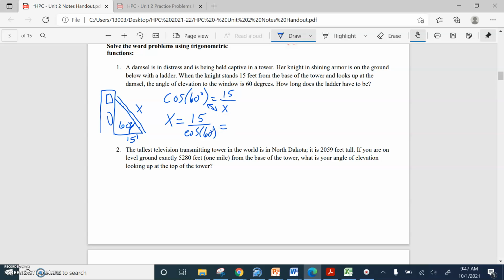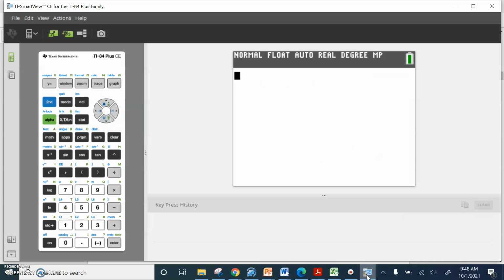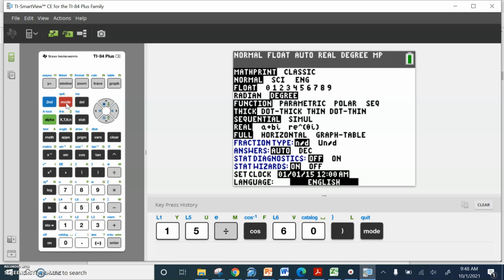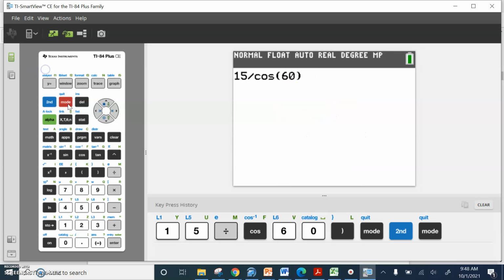So we're going to run that number, and we find that it is. Well, let me get the calculator here. So that was 15 divided by cosine of 60 degrees. Real quick, this is the first time I've used my calculator in a while, so I'm going to go just make sure that we are in degrees mode. And we are, so second mode puts us out of that. We're going to hit enter.